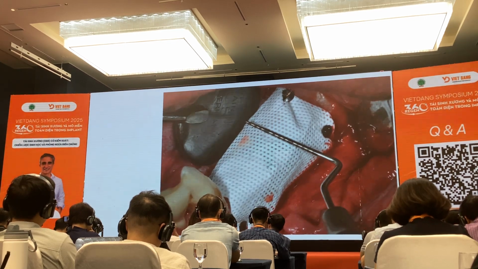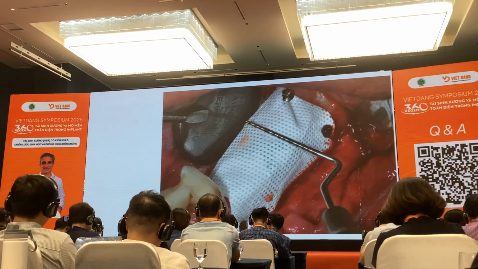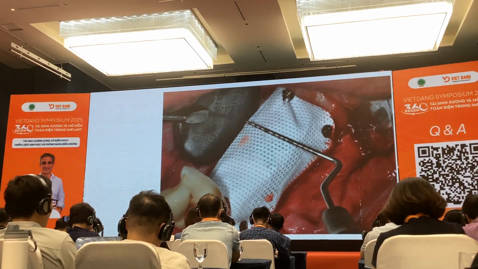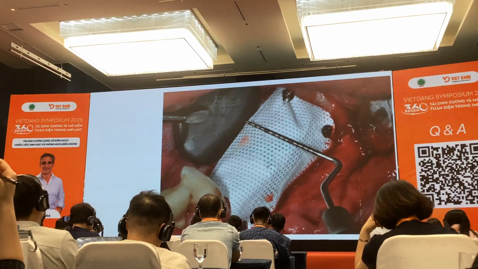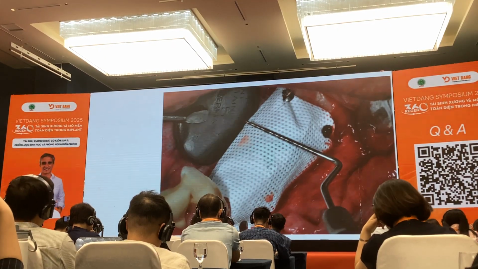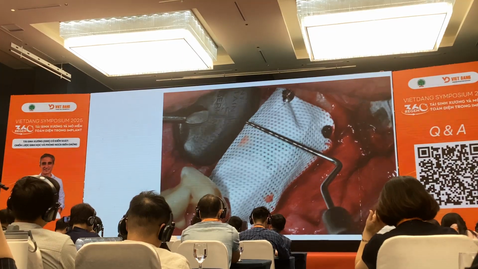It means that after the maturation of the bone through the periosteum contact, we could lose between 3 and 4 millimeters of horizontal width. A big quantity.